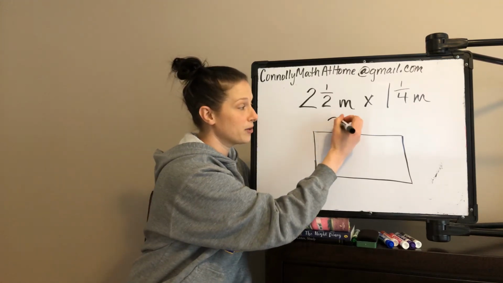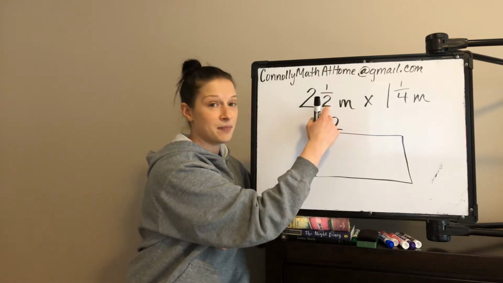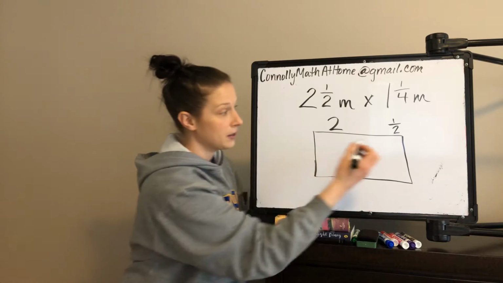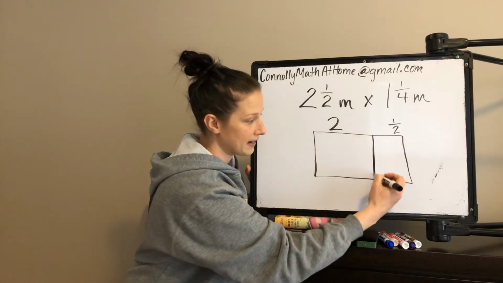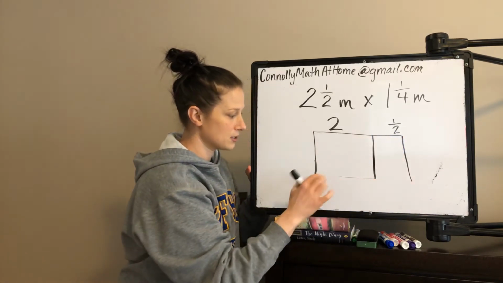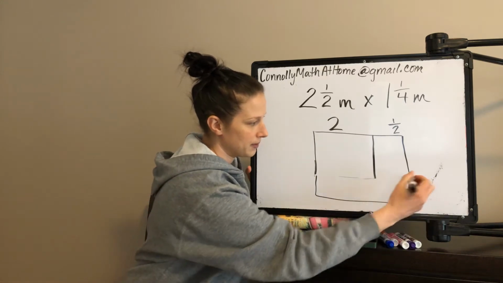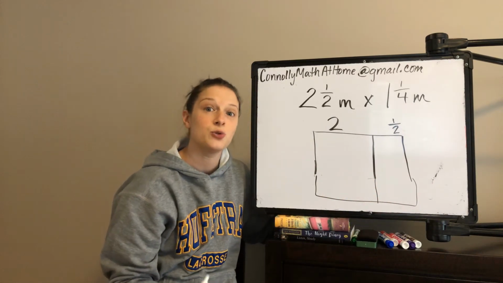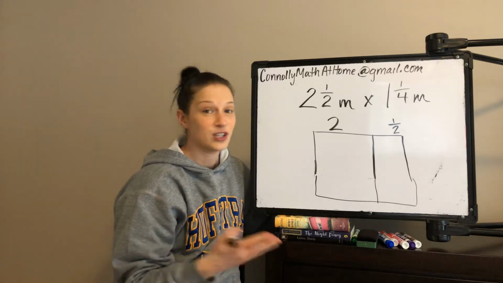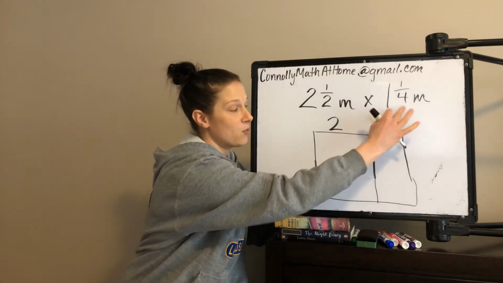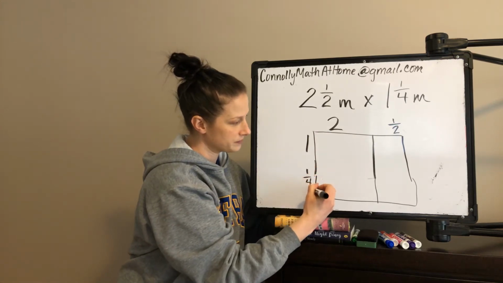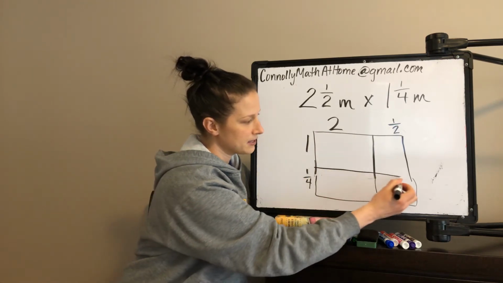I'm going to keep the whole number here, and then by fraction. So this little piece over here is going to represent half of the meter. I gotta leave room for me to multiply inside, so I'm gonna make that a little bit bigger. Then I'm gonna do the same thing, just like we did with whole numbers, I'm gonna think about 1 1/4 as 1 and 1/4, and I'm gonna split these up this way.